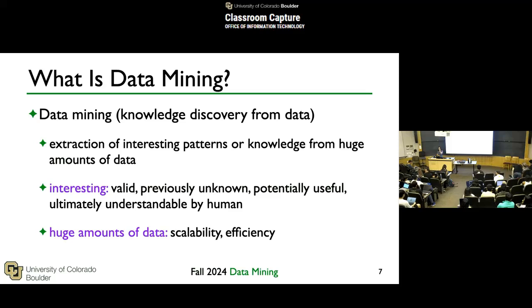So one keyword is interesting, okay? Whenever you think about some kind of data mining problem setting, how do you define this notion of interesting for the knowledge, the pattern you're finding? Huge amounts of data, as I said, right? With data mining, you need a sufficient amount of data. I get this question almost every year: how much data is considered sufficient?